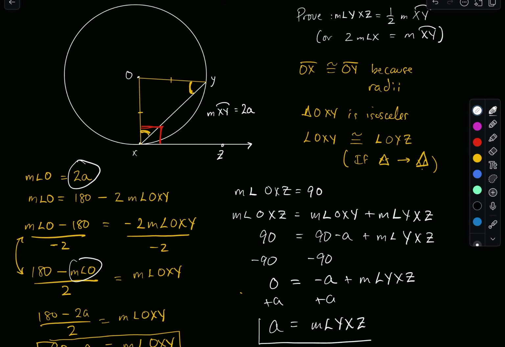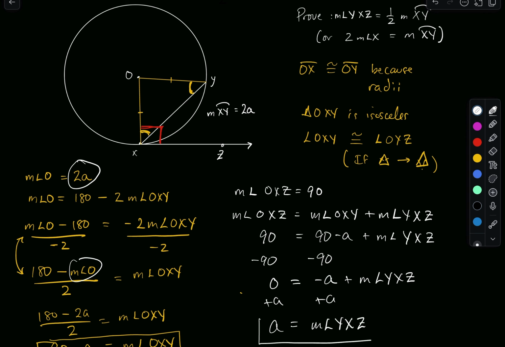So now we're going to try and prove this. We're going to try and prove that if I want to know the measure of angle FPE in this diagram, then all I have to do is find the measure of this arc and this arc, add them together and cut it in half.